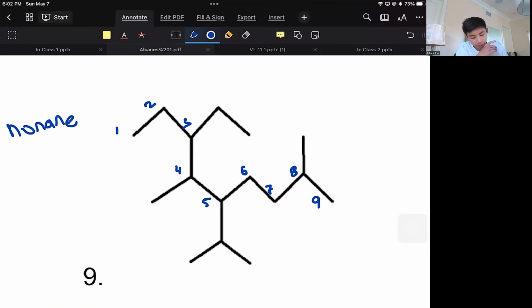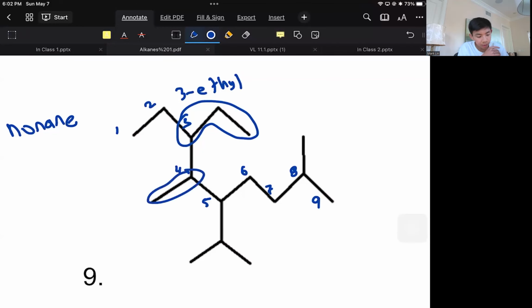If you go left to right, the complicated one is a 3-ethyl. The next complicated one is a 4, it's going to be 4-ethyl, or it's going to be 4-methyl.